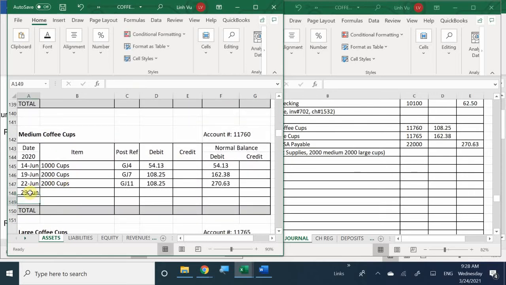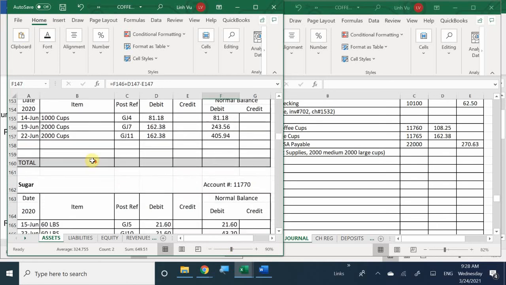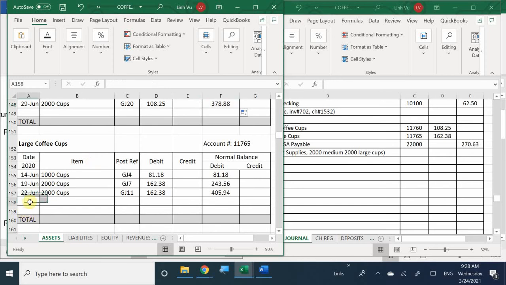So we just increased our total amount by 2,000 cups, which I can just copy from above. General journal 20 for 108.25. So therefore, what is going to be my ending balance? 378.88. Good.